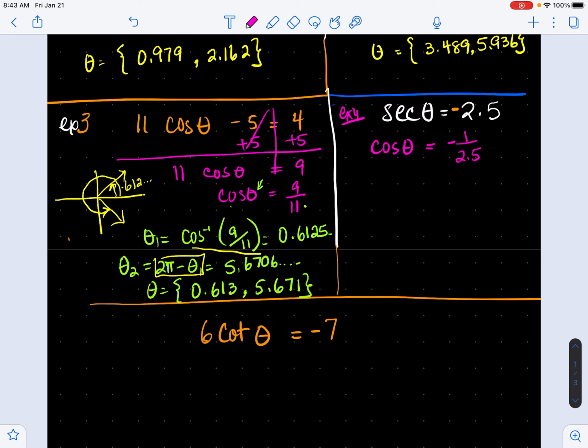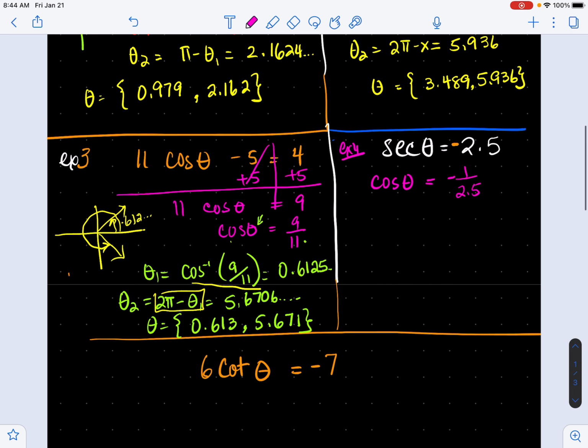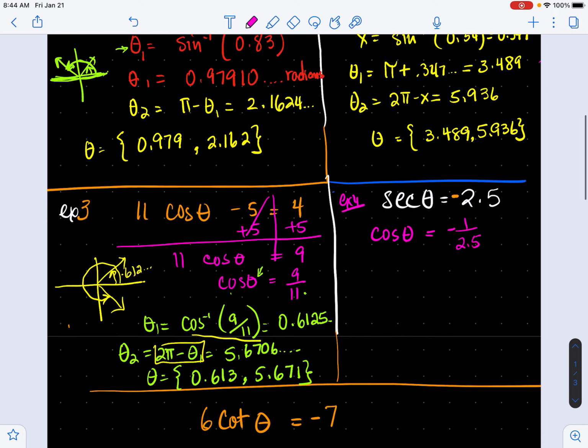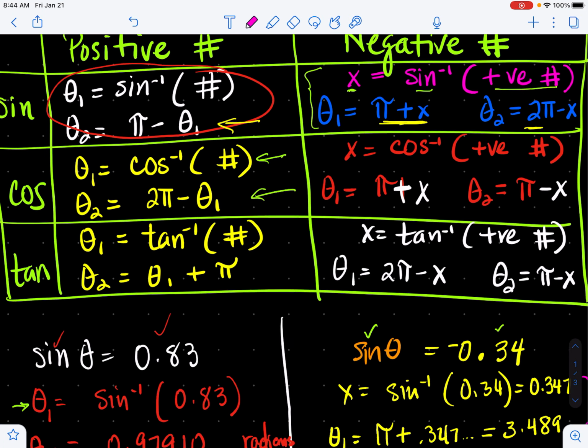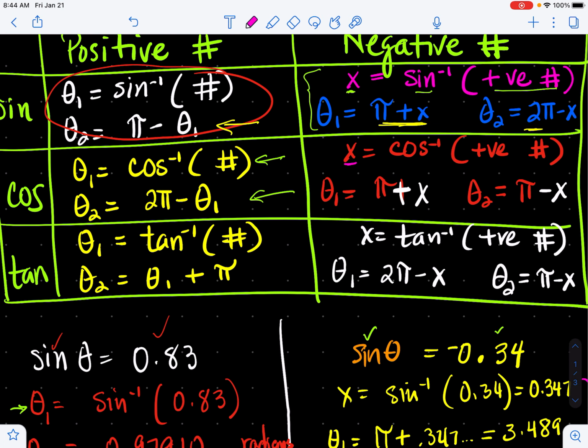Now this has converted into a cosine question with negative value. So what shall I follow here? Cosine with negative value, which is the red one. So look carefully. We'll first find x, cosine inverse of the positive value. We're going to pretend the negative doesn't exist. So we're going to plug in cosine inverse of 1 divided by 2.5.